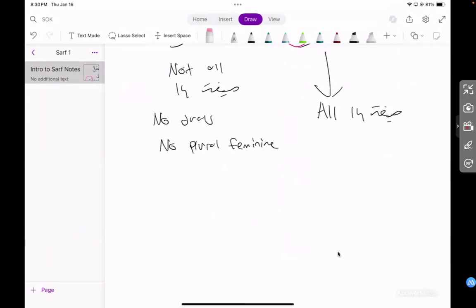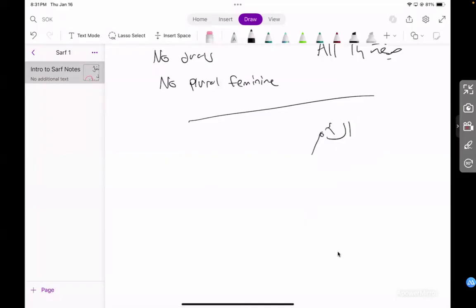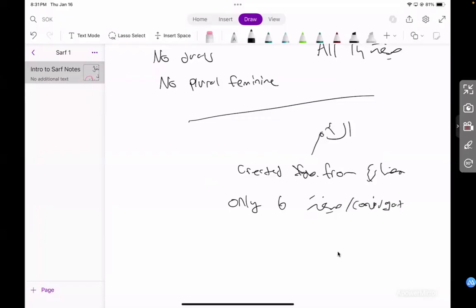We discussed in the last class al-fi'l al-amr. Amr is made from mudari, and there are only 6 sighas, only 6 conjugations.